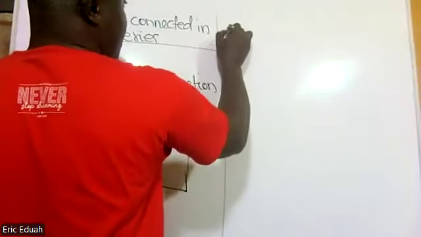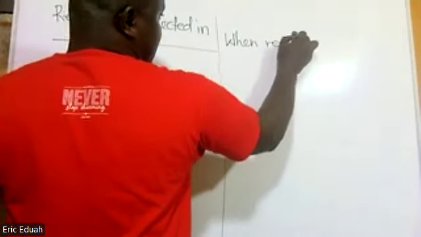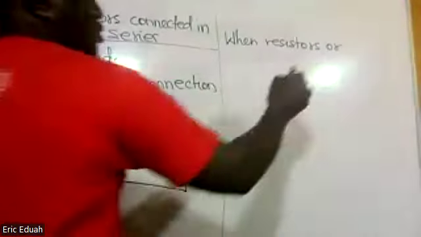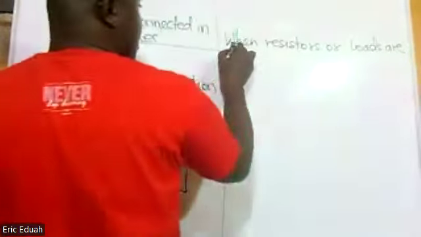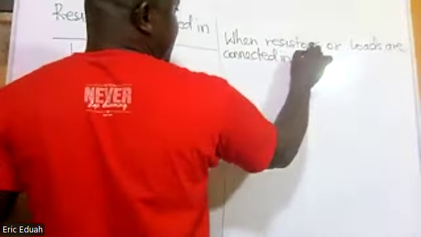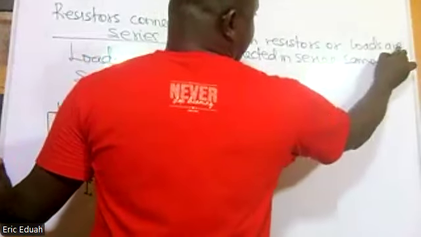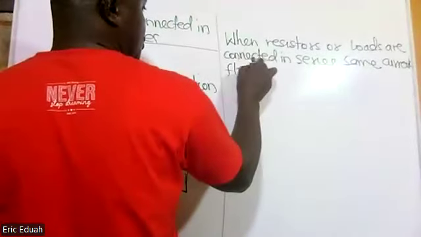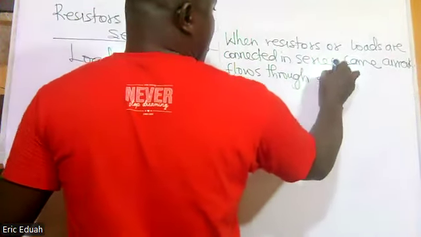So when resistors or loads are connected in series, the same current flows through all the resistors.